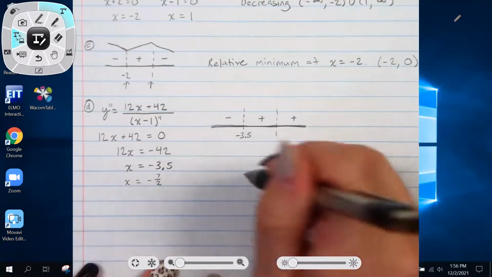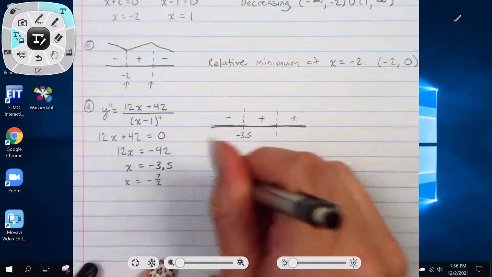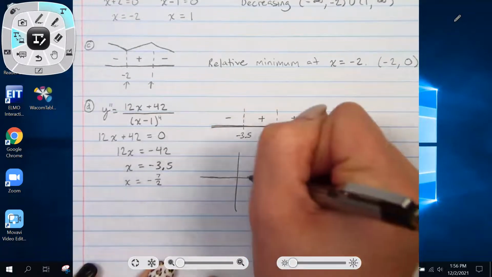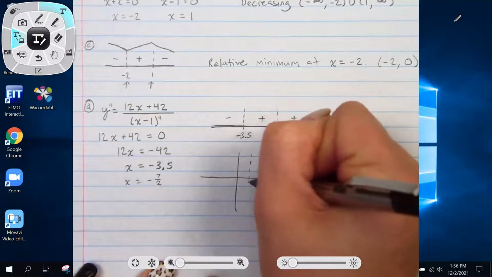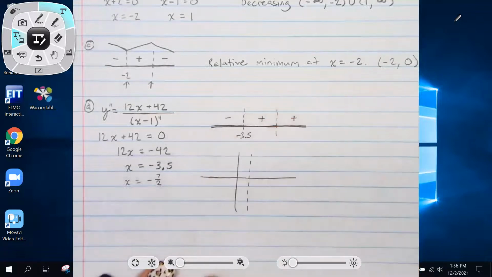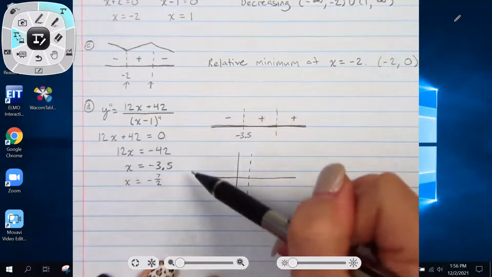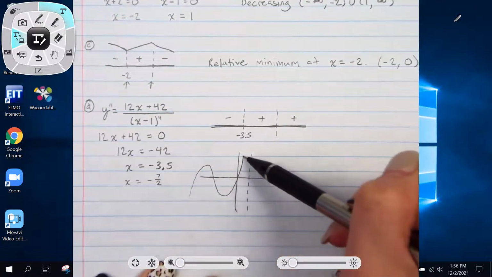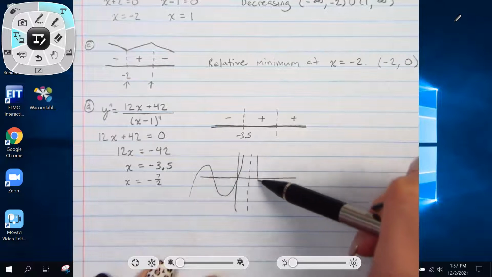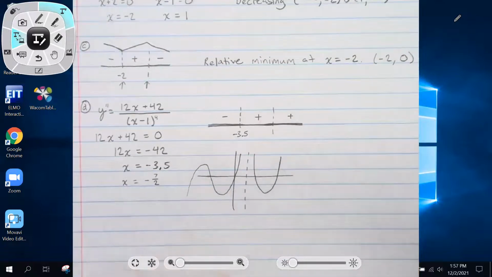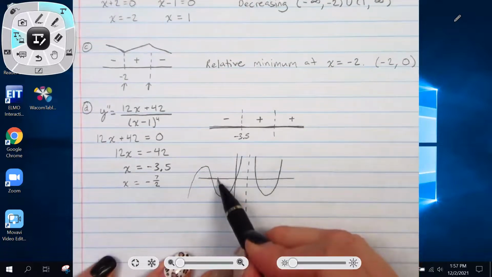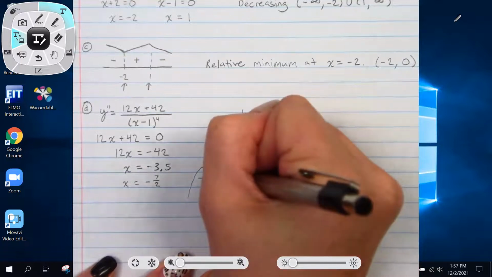But if you think about what that might look like on a graph, we've got a vertical asymptote at x equals 1, and we've got concave down, concave up, and then concave up again. So here, let's say this is negative 3.5.